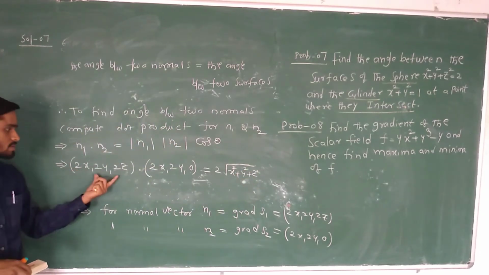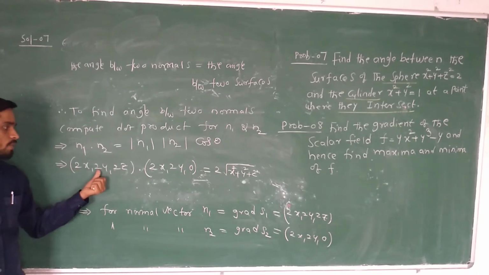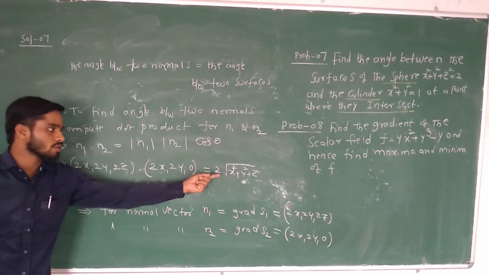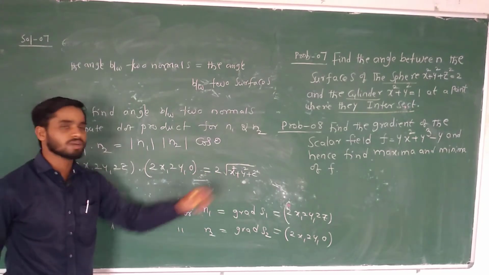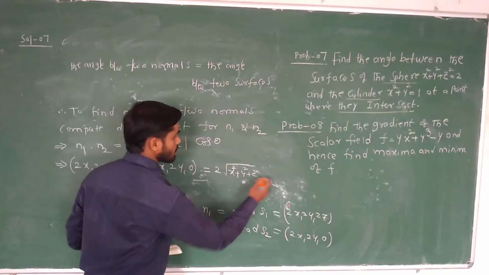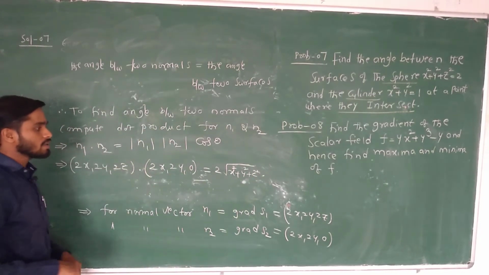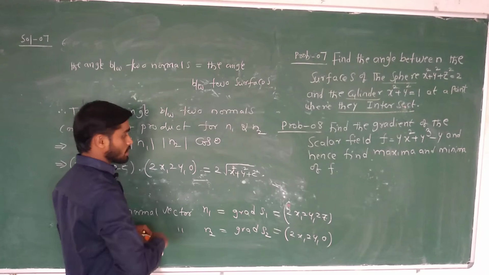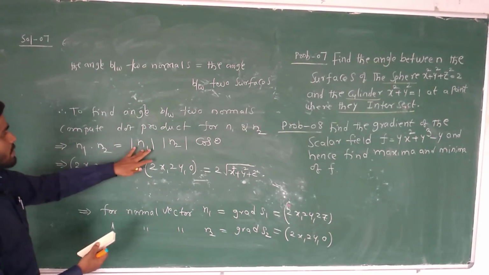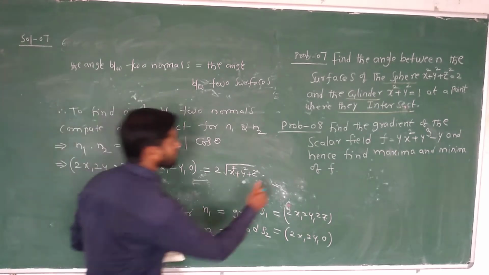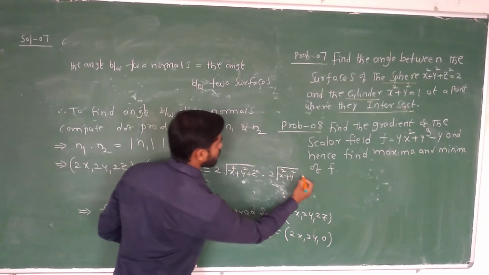The magnitude of the second one is 2 times square root of x square plus y square, into cos theta.